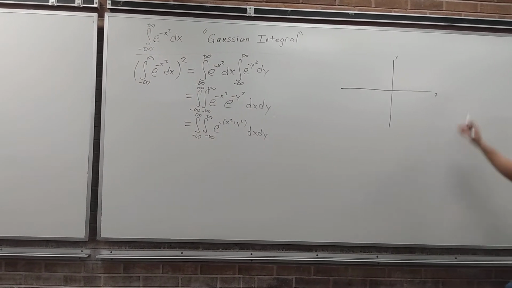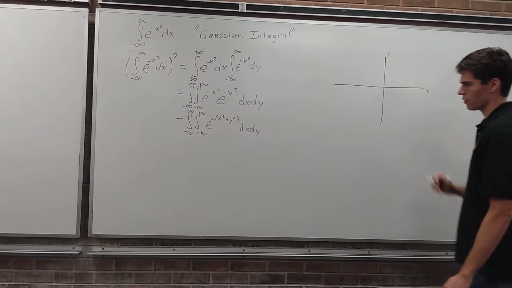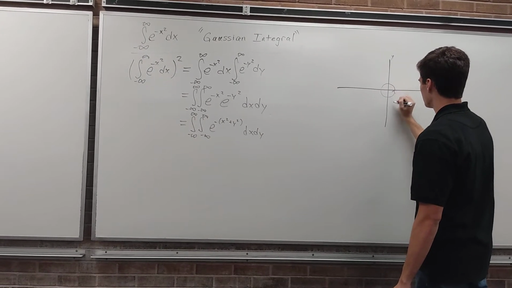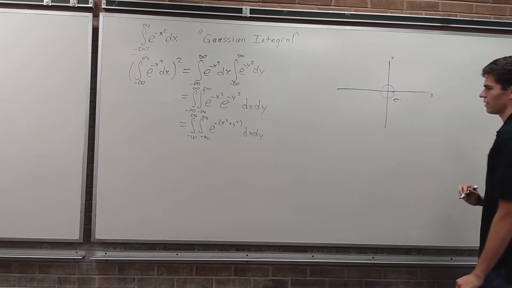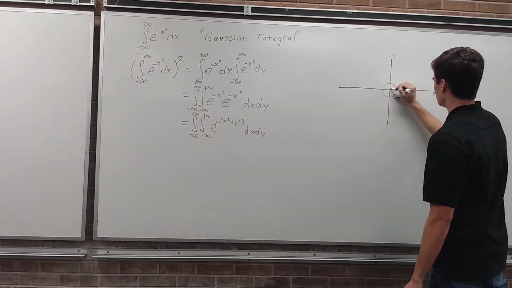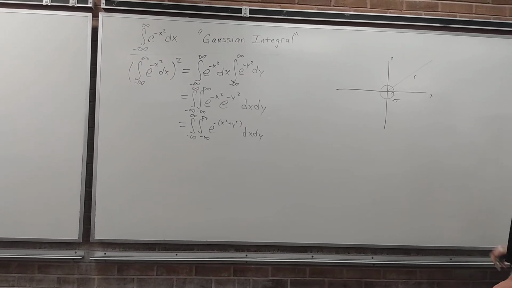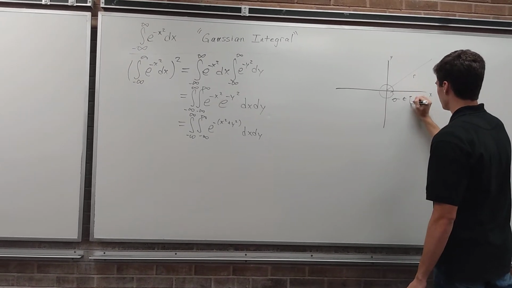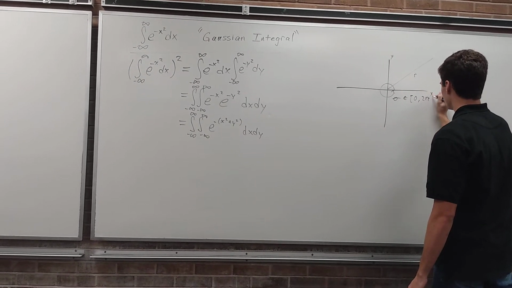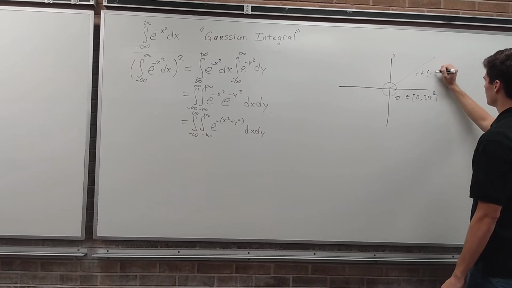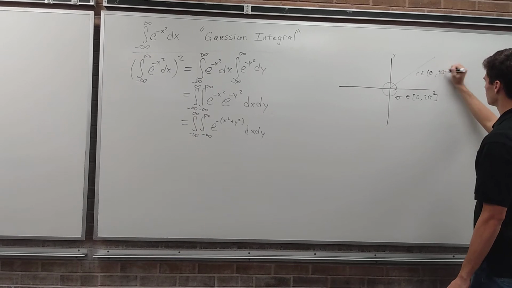Now, to get to any point on the Cartesian plane using polar coordinates, we're going to have to be able to go in any direction for theta, and at any magnitude for r, which means that theta is going to span from 0 to 2 pi, and r is going to span from 0 to infinity.